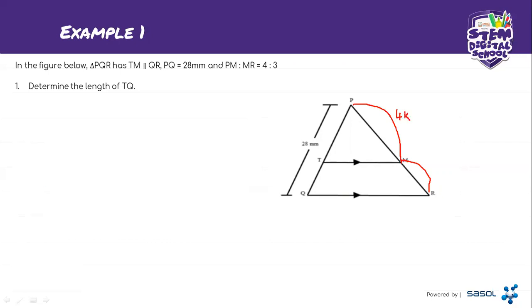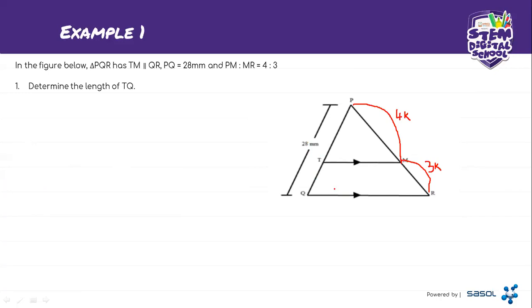I will write 4K because remember, when we are referring to a ratio, it's not a distance. Ratio is not a distance, people. It's not actual distance. Hence, I had to put K next to this 4 to show that this is a ratio. It's not the same as PQ, where the actual distance is 28 millimeter, right?